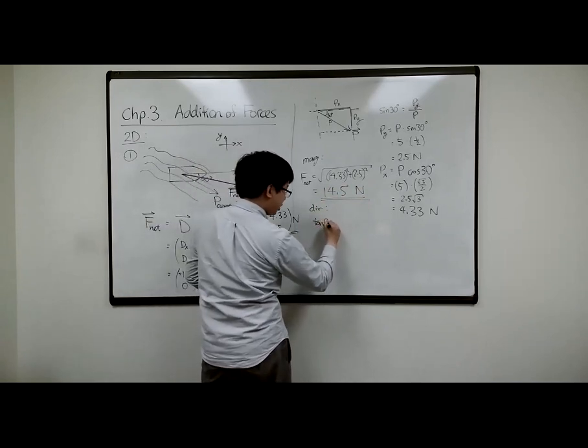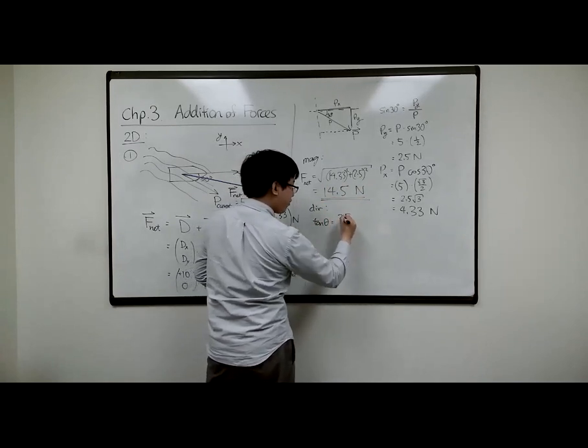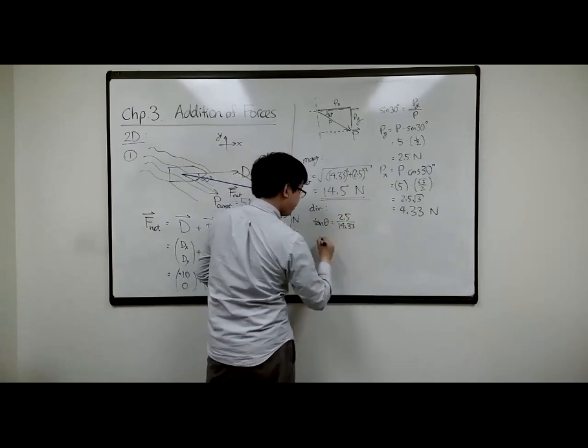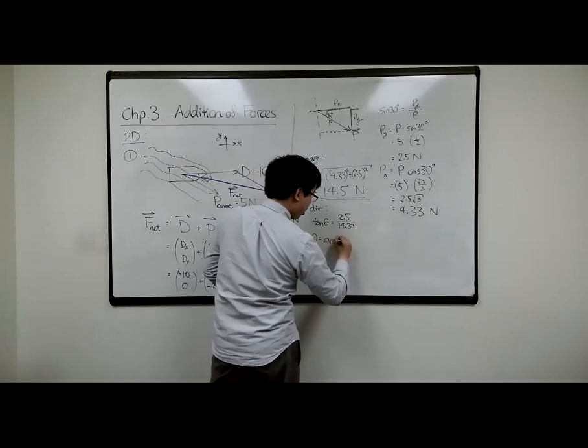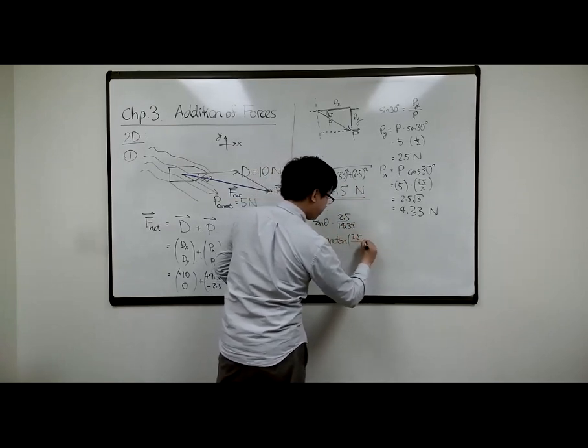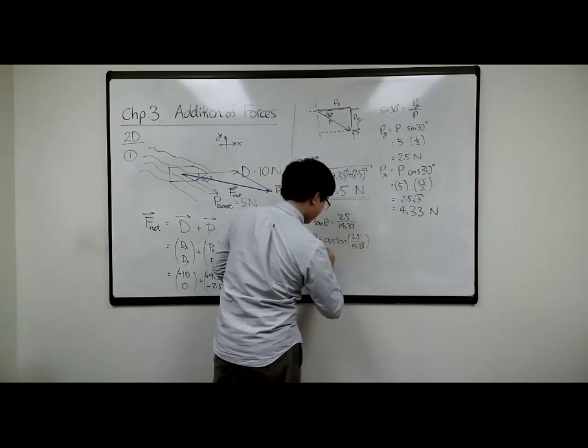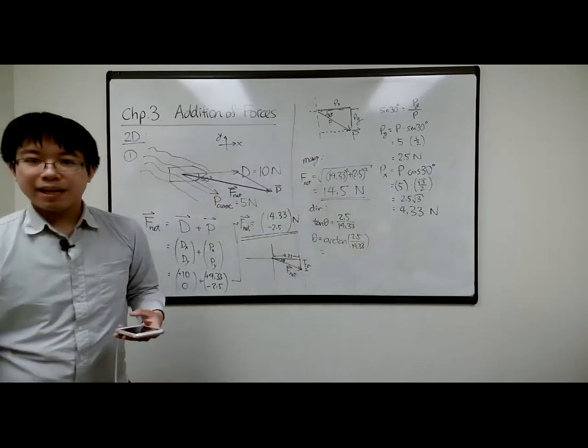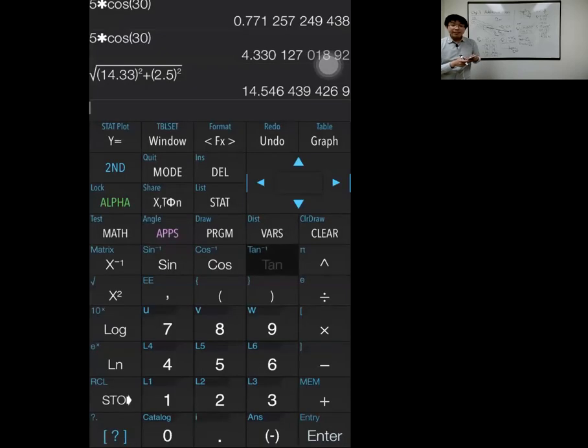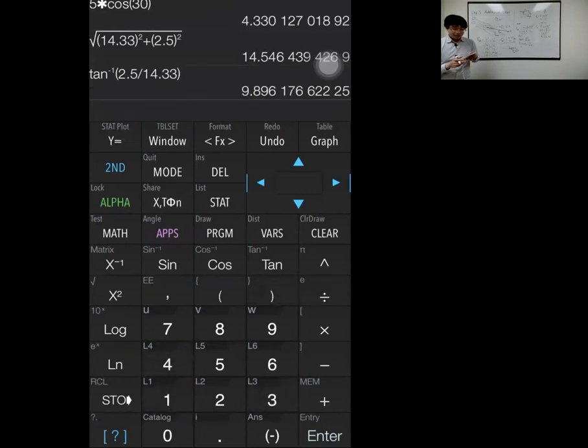So tangent theta is 2.5 over 14.33, so theta is arctangent of this. Let's plug this into our trusty calculator. We have shift tangent, the arctangent or inverse tangent, and I want 2.5 divided by 14.33. So I get 9.89.